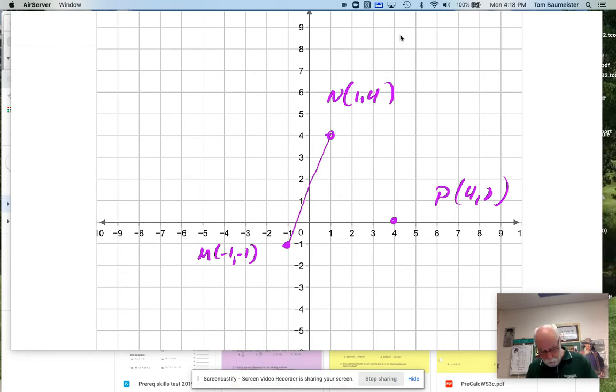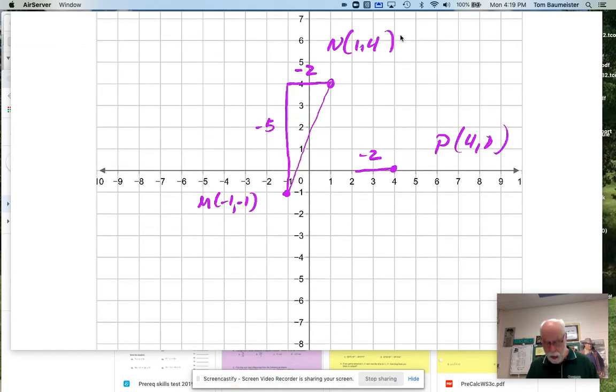If I go over in this direction to get to M, I'm going in the negative direction, right? And on this one here, I'm going down -5. All right? So you want to do the same one for this one here. So I'm going to go over -2, and I'm going to go down -5.